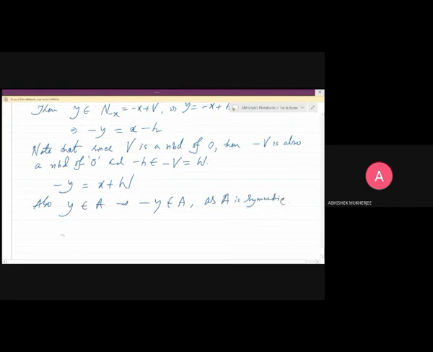So that means minus y belongs to x plus W intersection A.